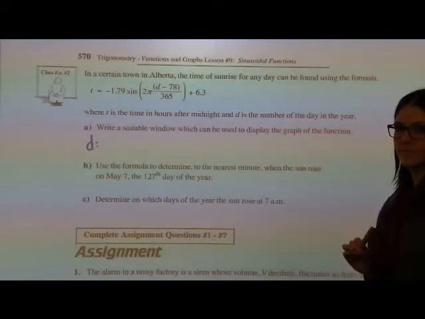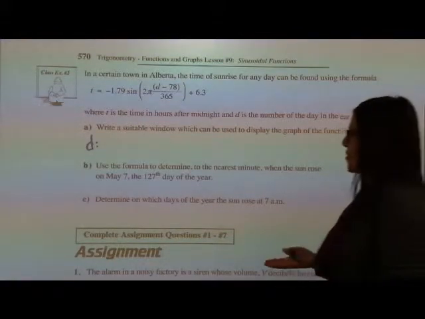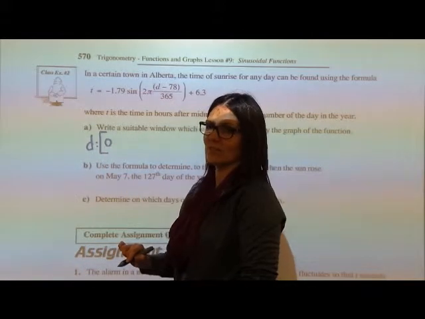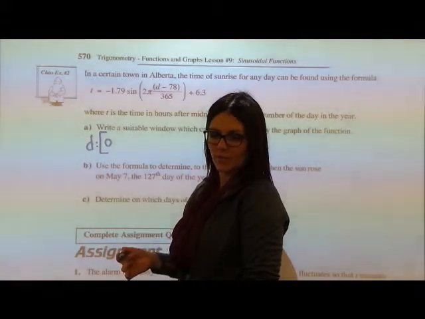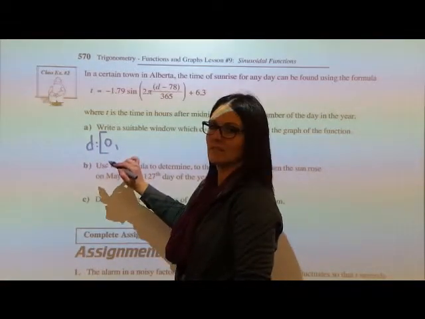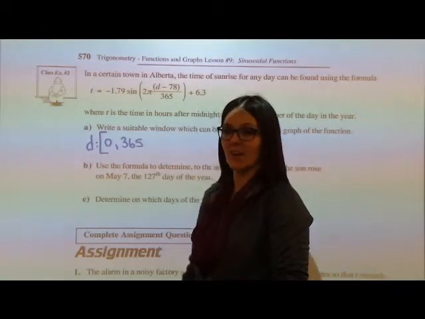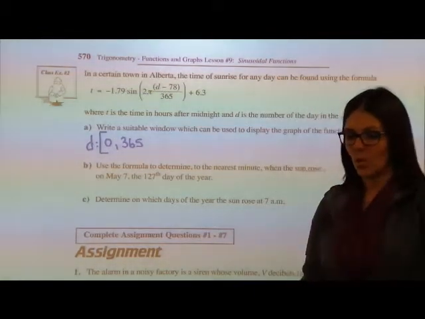How many days are there in a year? So my suitable window range could go from day 0 up to day 365. What should I go up by?